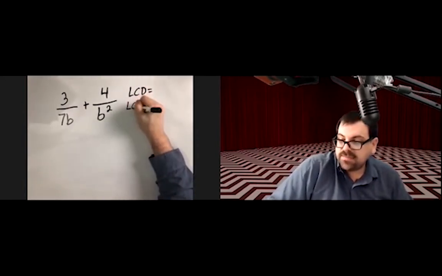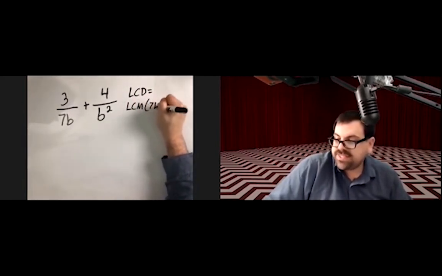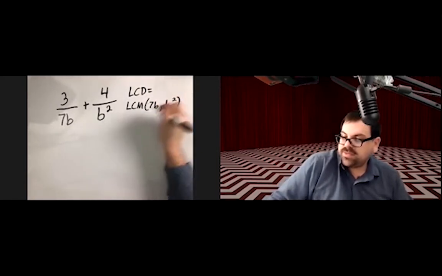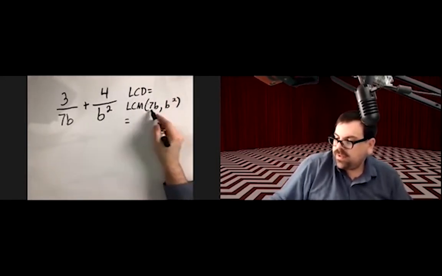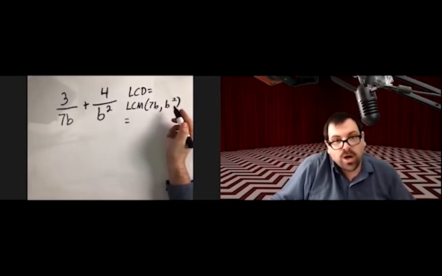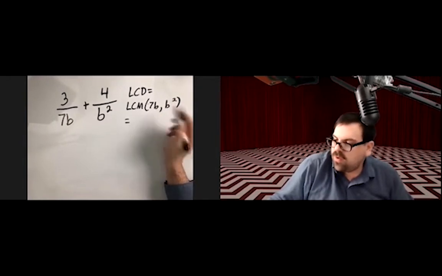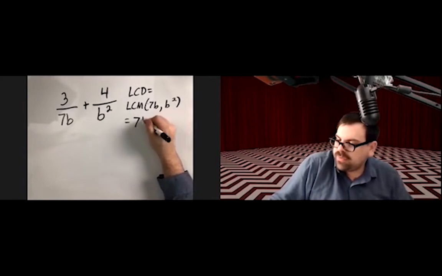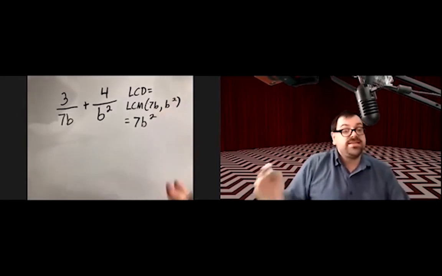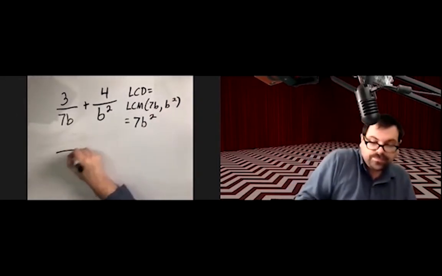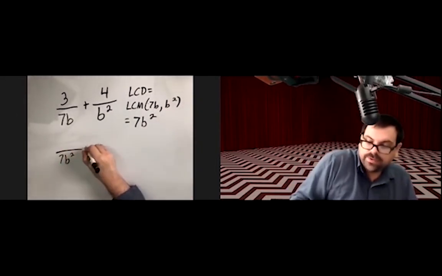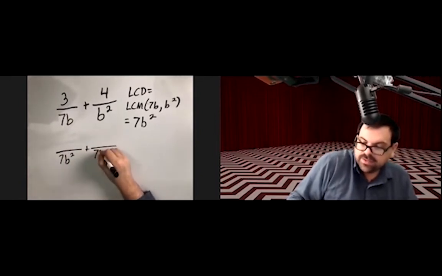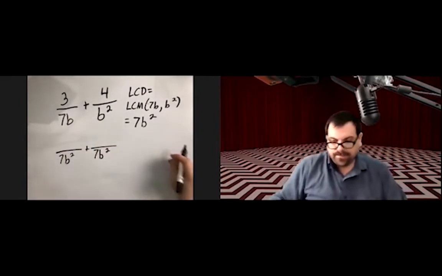The LCD is going to be the least common multiple of 7b and b squared. The least common multiple of 7 and 1, since we don't have a coefficient here, is just going to be 7. We have a b, and the highest power of b we have is squared. So 7b squared is our least common denominator.